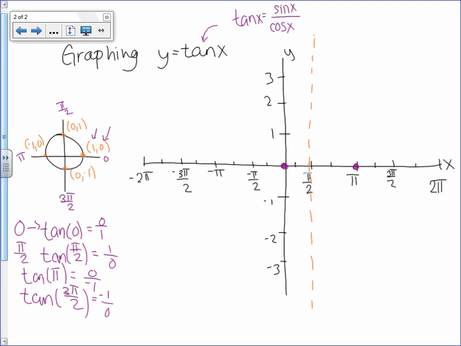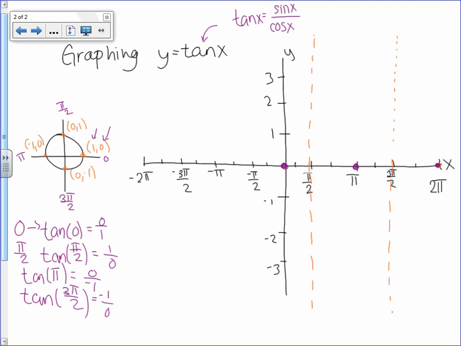That's another undefined value, because 1 over 0 you can't divide by 0. So we're going to have another asymptote. This one's going to be at 3 pi over 2. And then back at 2 pi, well 2 pi is the same as 0, so I'm back here at 0.